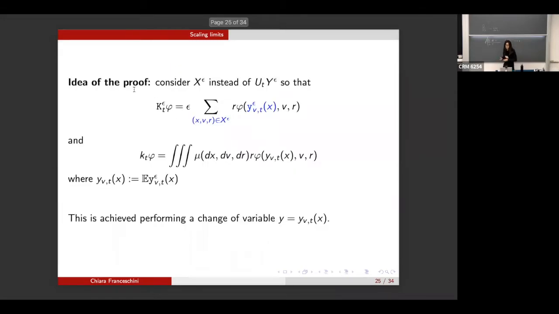Okay, so the proof is to go, instead of to the y epsilon world, to bring to the free gas x epsilon world, because then you can take advantage of the fact that x epsilon is a Poisson process, and then you use the results before for the Lévy-Itô field. You have to perform a change of variable, and eventually you get what you expect.